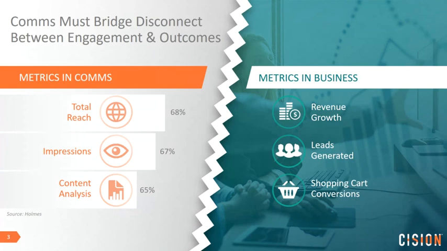So some of the top metrics they might use to measure the value of their earned media include things like total reach, impressions, maybe content performance, and now the real challenge that communicators face. How do you show that those metrics tie back to specific business outcomes? The types of revenue metrics needed might vary by industry, but they'll include things like shopping cart conversions for B2C, maybe influencing lead gen programs for B2B.